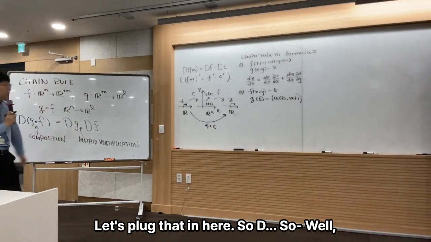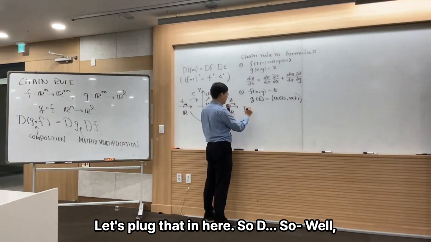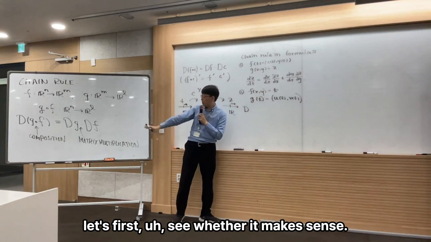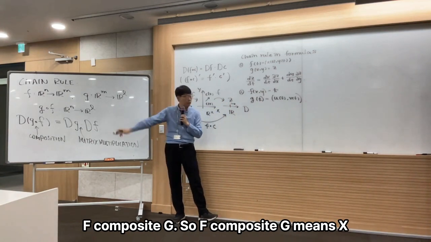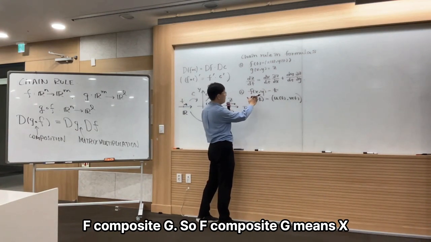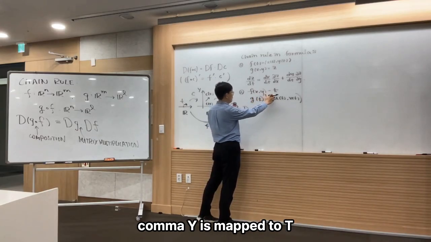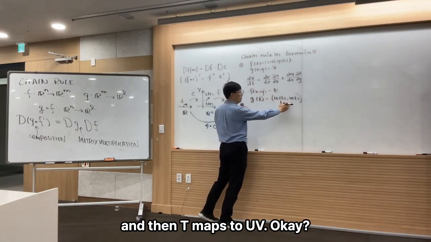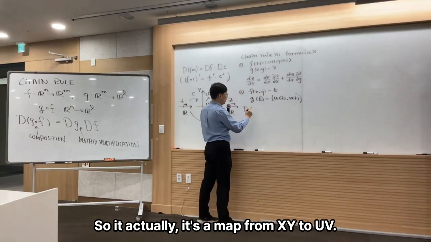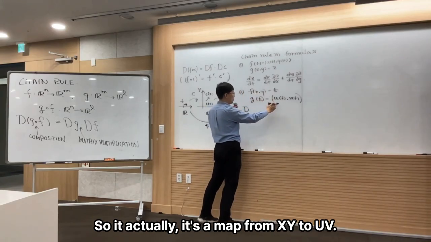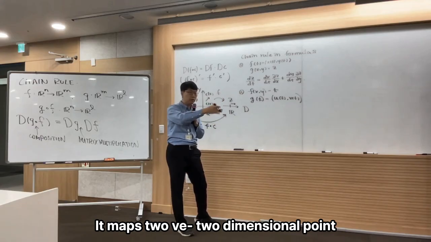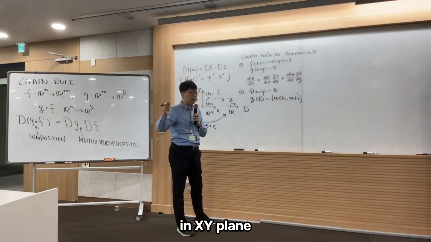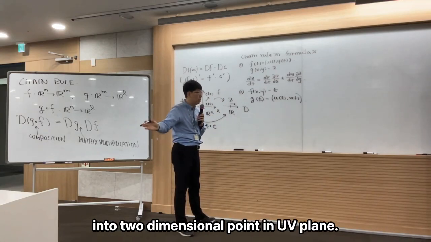Let's plug that in here. So let's first see whether it makes sense. F composite g means x comma y is mapped to t, and then t maps to u, v. Okay, so it's a map from xy to uv. So 2 to 2 function. It maps a two-dimensional point in the xy plane into a two-dimensional point in the uv plane.